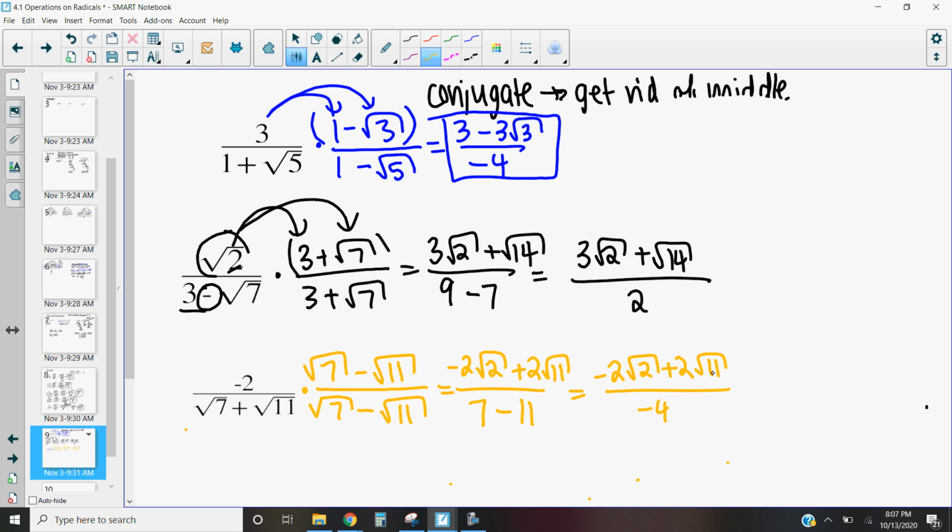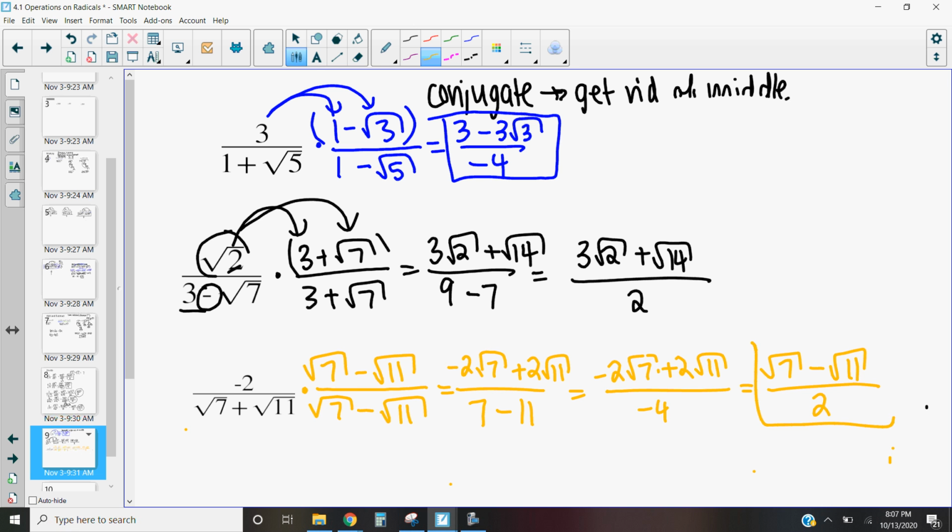Now, notice how all of these are a factor of 2. So I'm going to factor out a negative 2 because I don't like negatives. And as I factor it out, I end up getting root 2, or not root 2. Oh my goodness, there's a typo there. Root 7, a mistake. That's what we're talking about. So this is going to be root 7 minus root 11, because remember we factored out a negative 2, divided by 2.